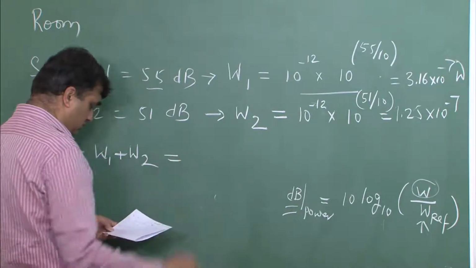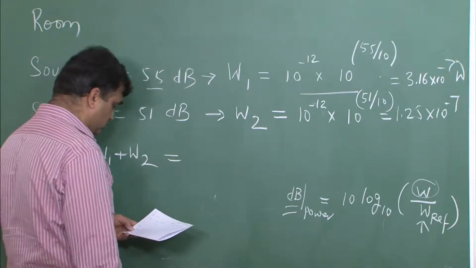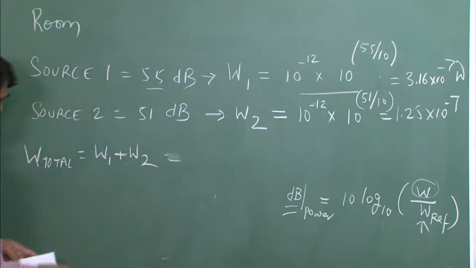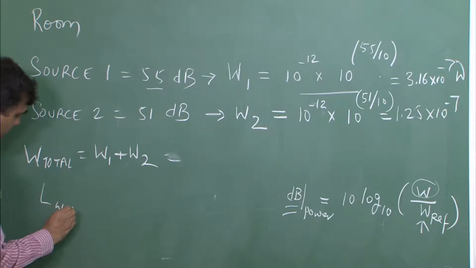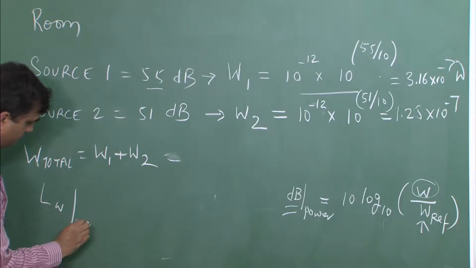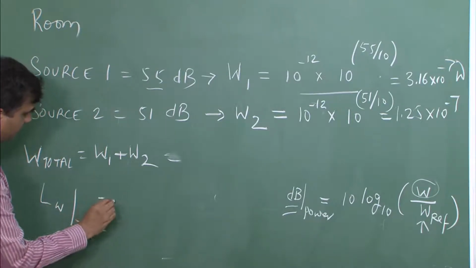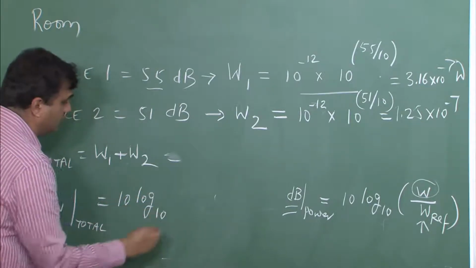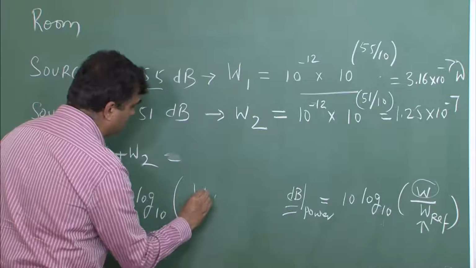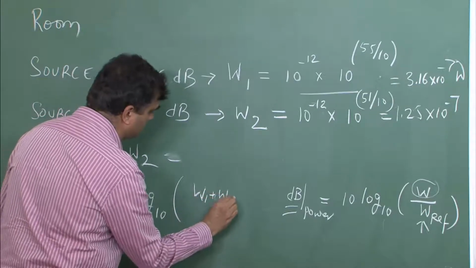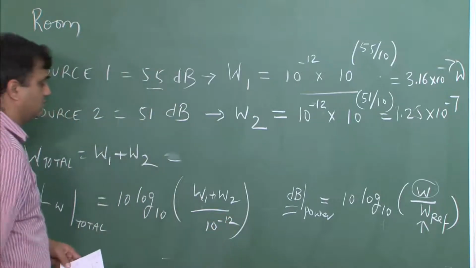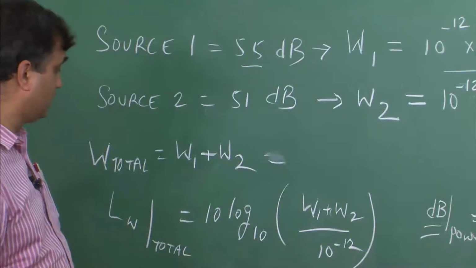So LW total is equal to 10 log of W1 plus W2, divided by 10 to the power of minus 12.